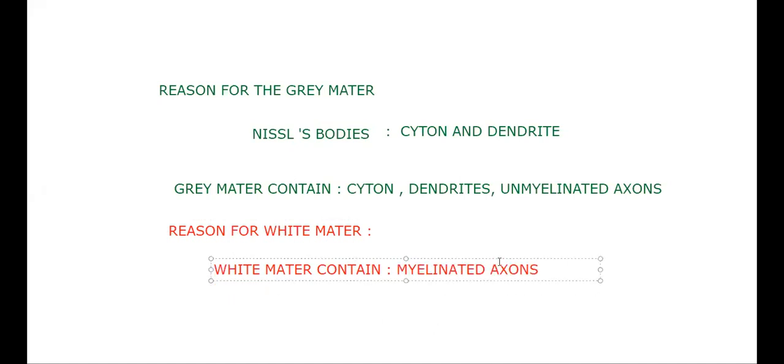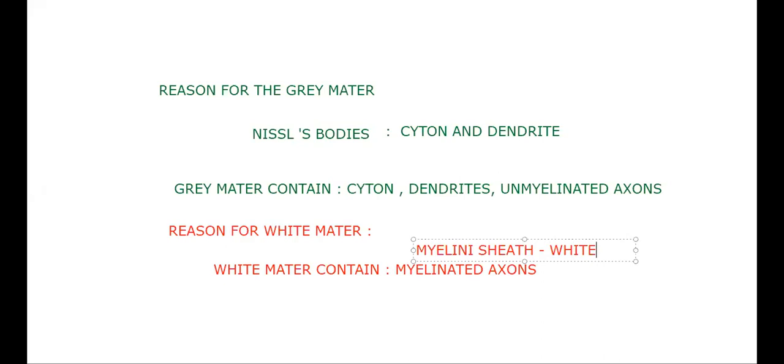That myelin sheath. Reason for the white color is myelin sheath. Myelin sheath is the reason for white color. That means wherever myelin sheath is present, white color appears. So that is the first basic you people need to remember. And we continue with some other basics here.